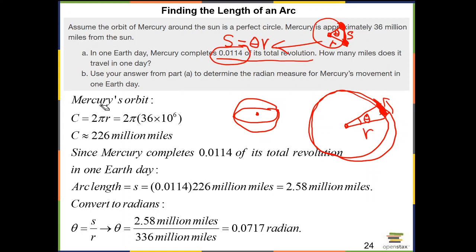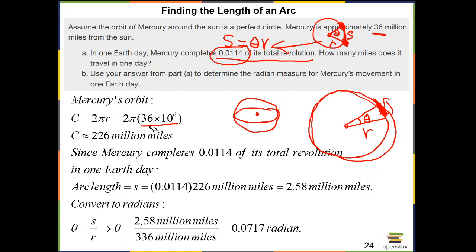So what is the circumference? It says Mercury is approximately 36 million miles from the sun, right? So we assume that the radius of rotation revolving around the sun is about 36 million right here.